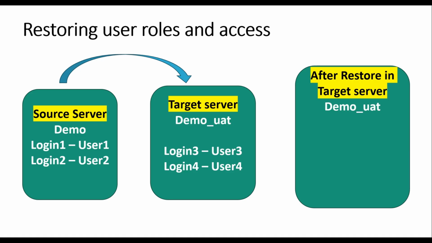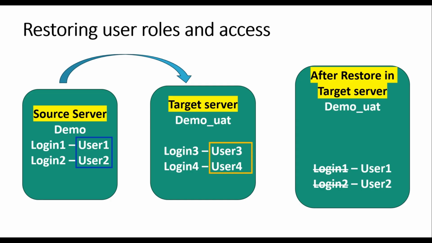After restore in the target server, the database name remains the same, but user 1 and user 2 will be copied or restored along with the database, but the logins are not restored because those are associated with the server instance. So in the target server, login 3 and login 4 already exist, but user 3 and user 4 are overwritten with the source server. It means you will not get user 3 and user 4, but the associated logins will be existing. So we need to just create or restore user 3 and user 4.